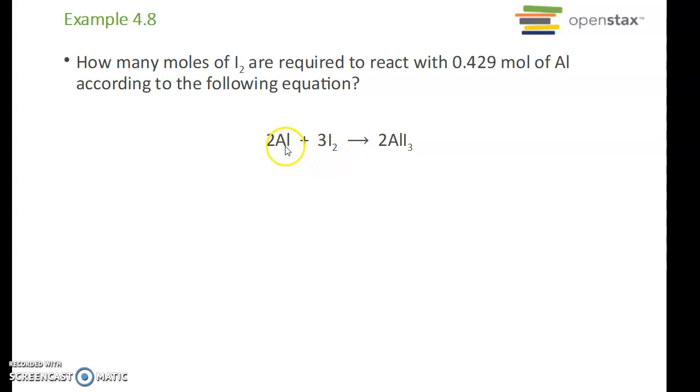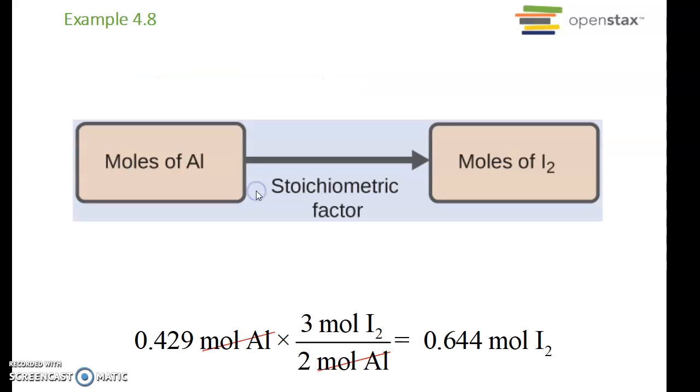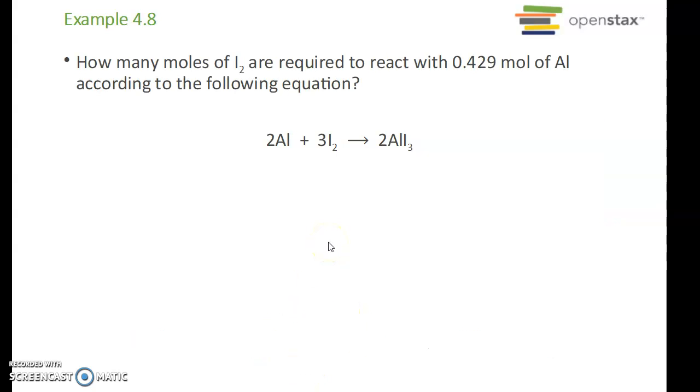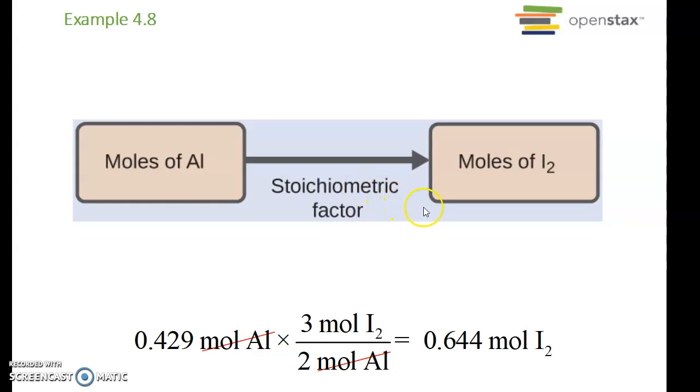So if you have 0.429 moles of this, the molar ratio is 3 to 2, right? You have 3 and 2 here. So that means that you will need 0.644 moles of iodine.